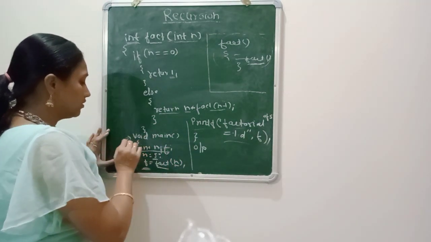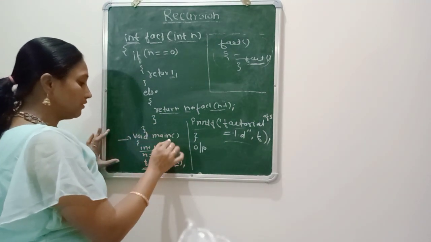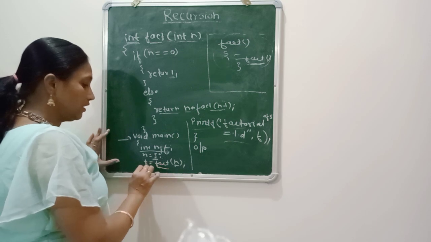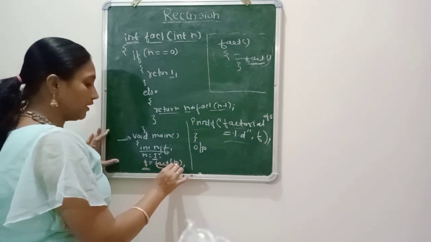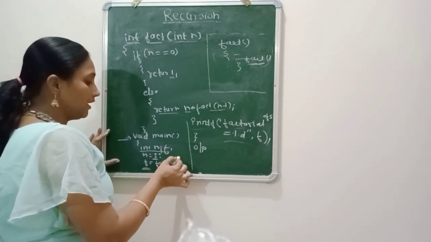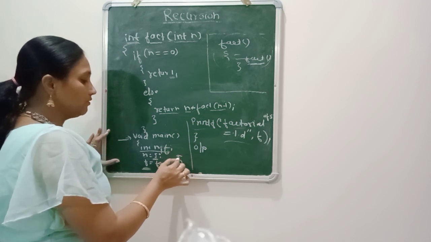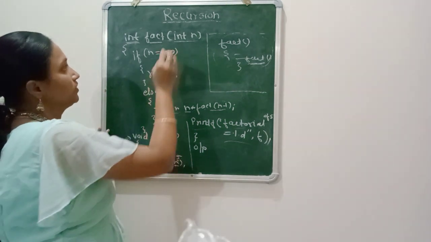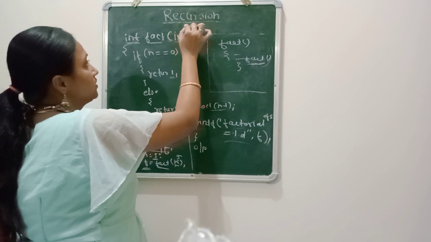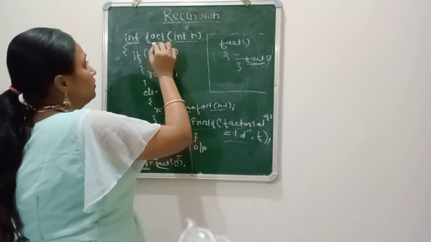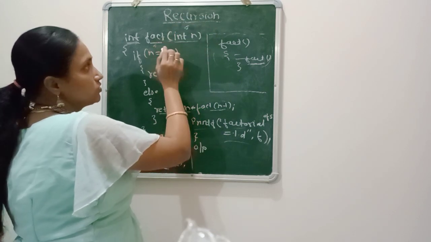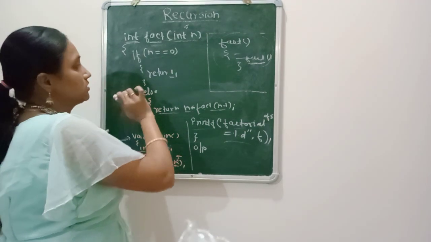Now the execution starts with main. Here f equals fact of n. So what is the value of n? 5 is passed here. Now this n is 5. Now 5 equals 0, the condition becomes false.